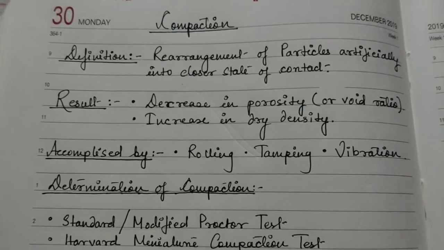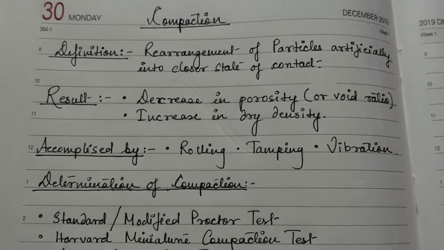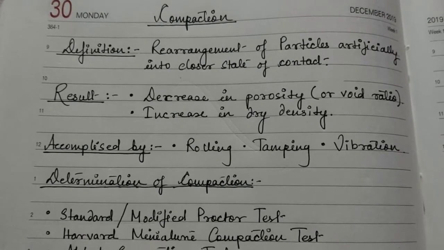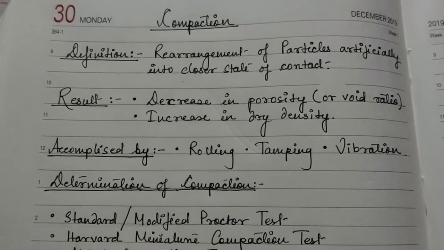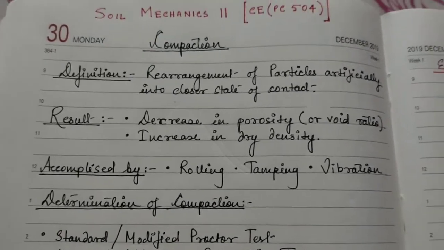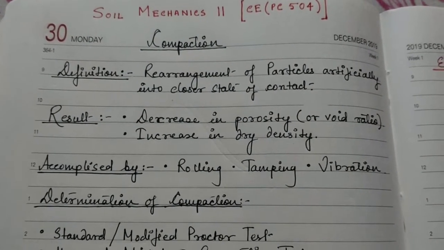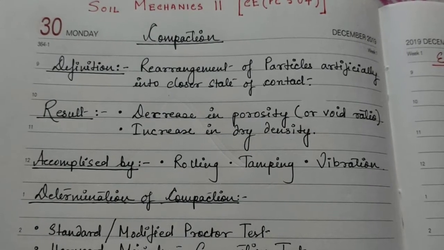So how does this compaction take place? As we all know, each and every property of the soil has to be determined by performing a particular test. So the density which can be achieved through compaction can also be found out by performing some particular tests in the lab. So what are those tests?